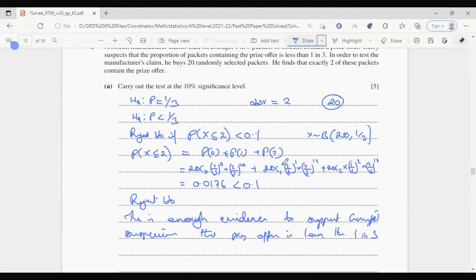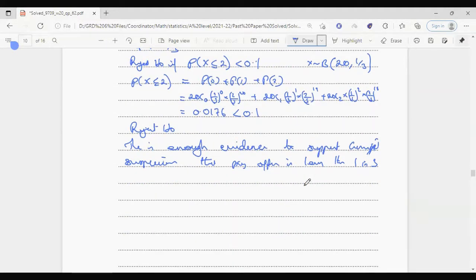It's up to you. You can write down the conclusion as per your understanding.